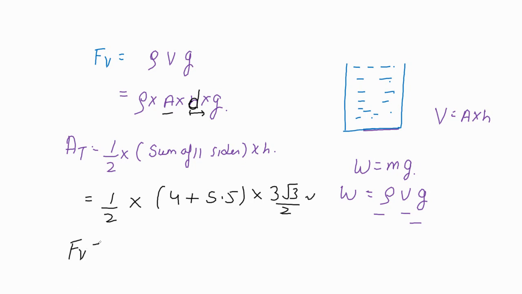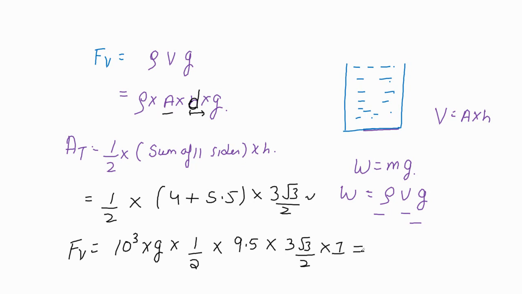So now what is Fv? Fv is equal to density, 10 cube, into g into 1 by 2 into 4 plus 9.5, into 3 root 3 by 2, into 1. We solve this and we get the value of Fv.